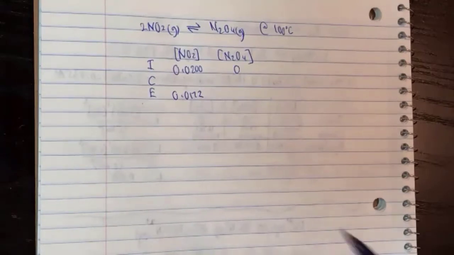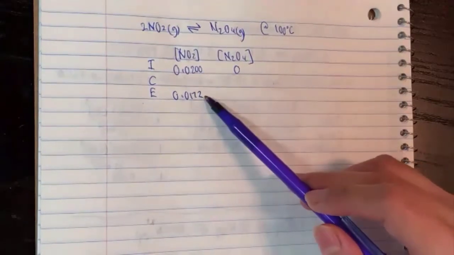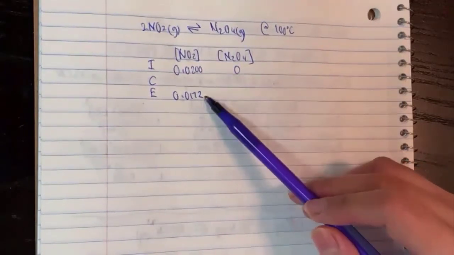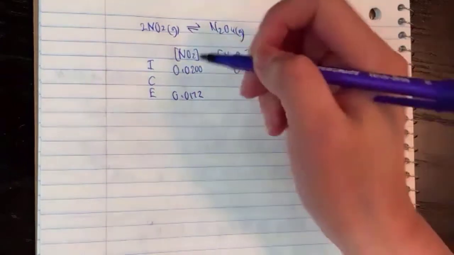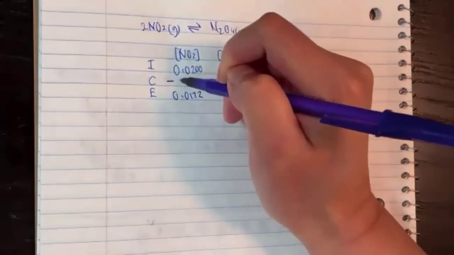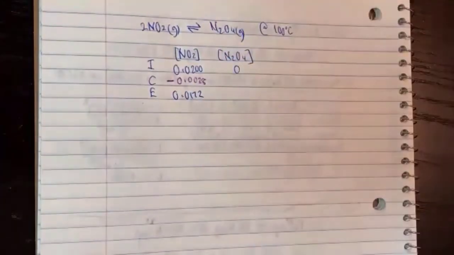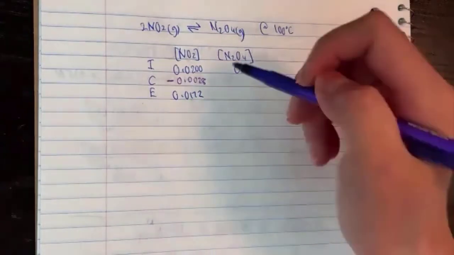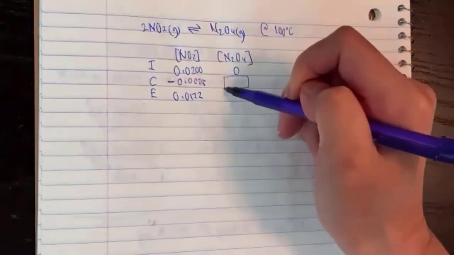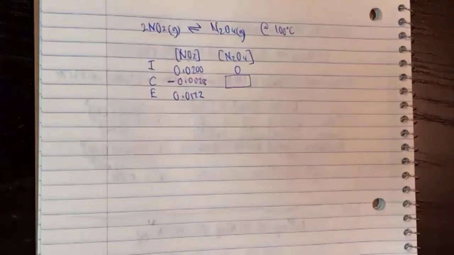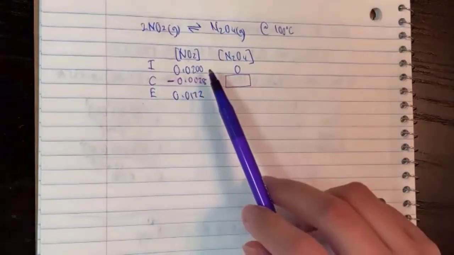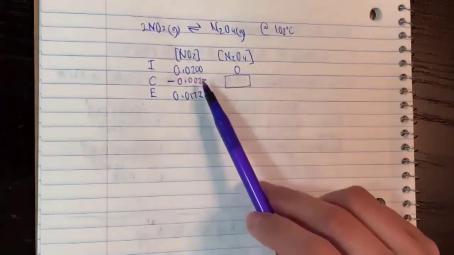So now you have to find out the difference between here and here. So can you tell that it went down from here? How much did it go down by? If you just take the difference here, you actually see it's going down by 0.0028. Okay, and then you have to figure out what this change is going to be. So how are you going to do that? Well, what was the change here in terms of X though?